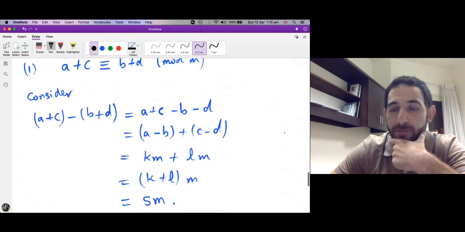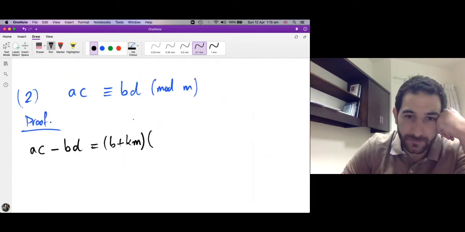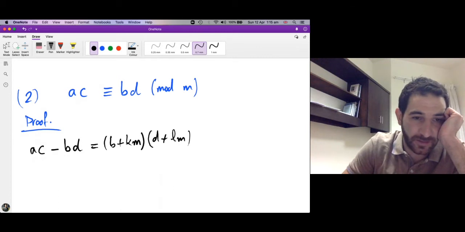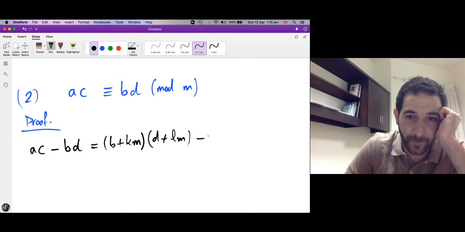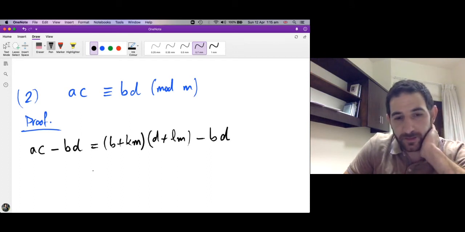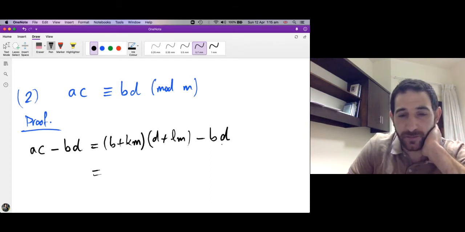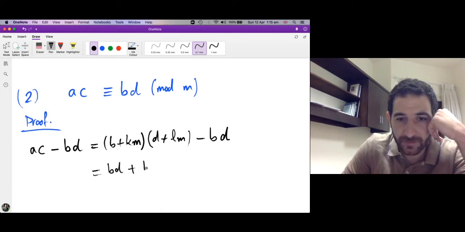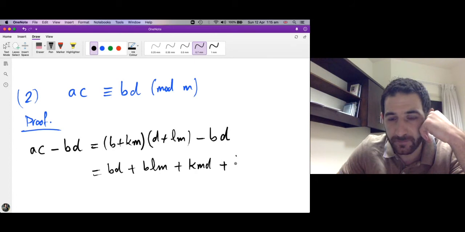So here I'm writing A times C, minus BD, and then let's multiply these two brackets. Remember, all of these symbols represent integers. So this is BD plus BLm plus KmD plus KmLm.